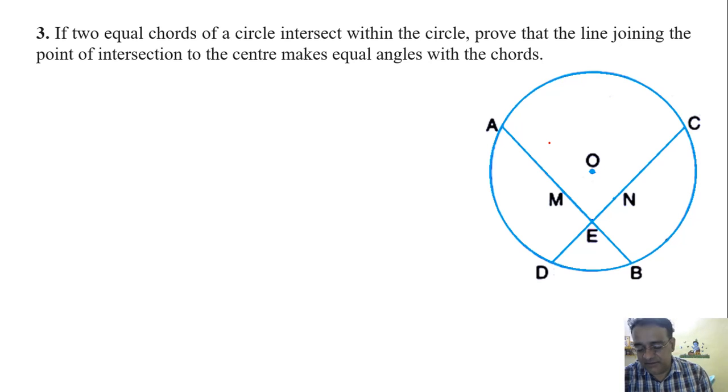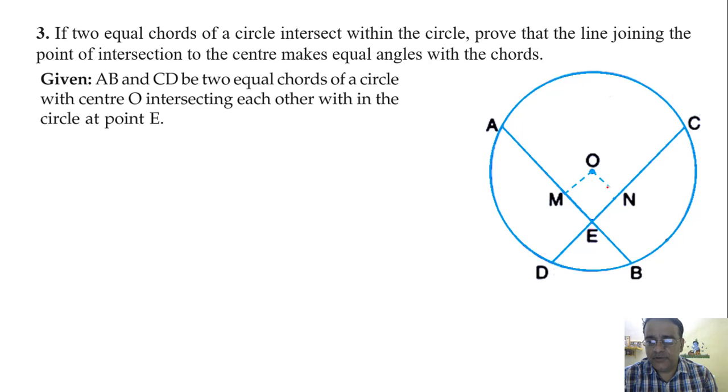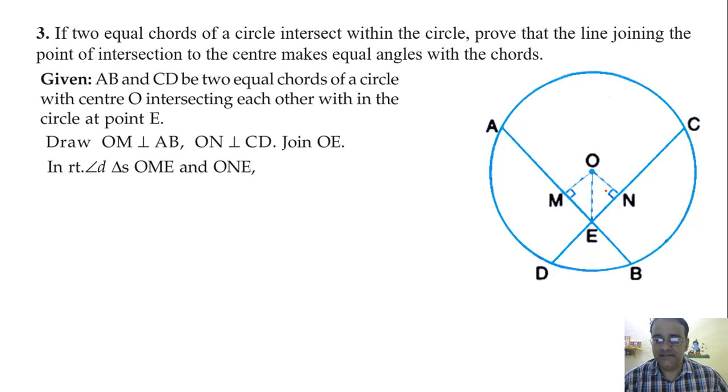So everything will be the same as the previous question. We draw OM perpendicular to AB, ON perpendicular to CD and join OE. And here also we are going to prove these two triangles congruent. First of all, OM is equal to ON.